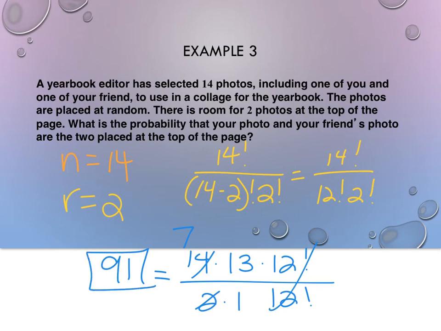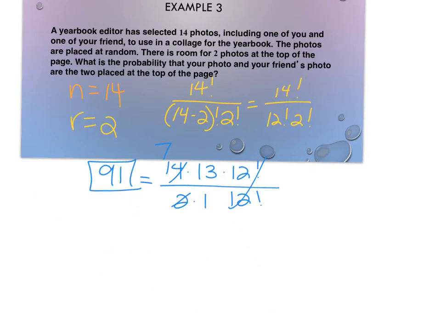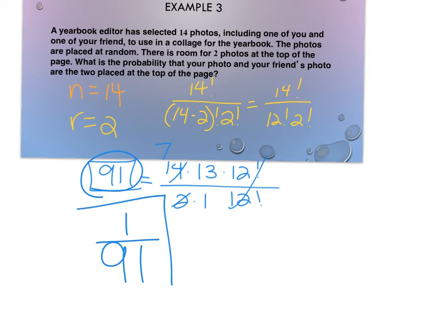And that's 91. So this is my overall number of combinations, and you are one of those combinations.